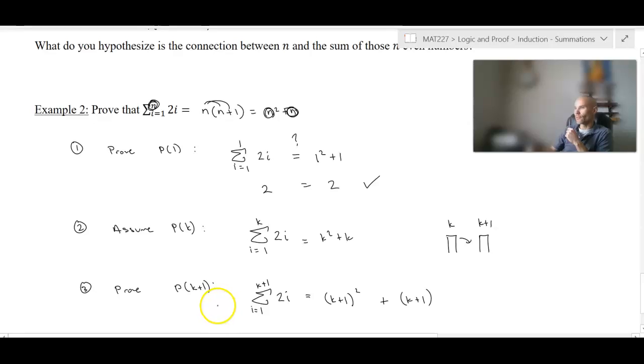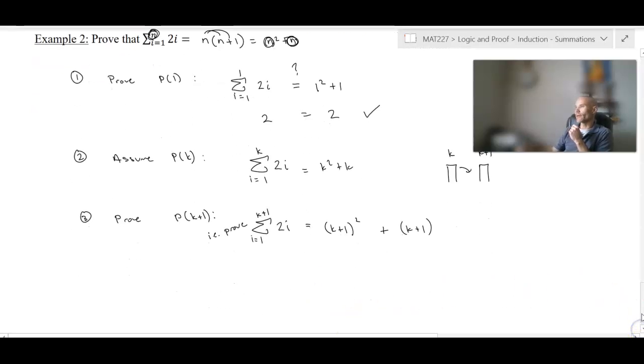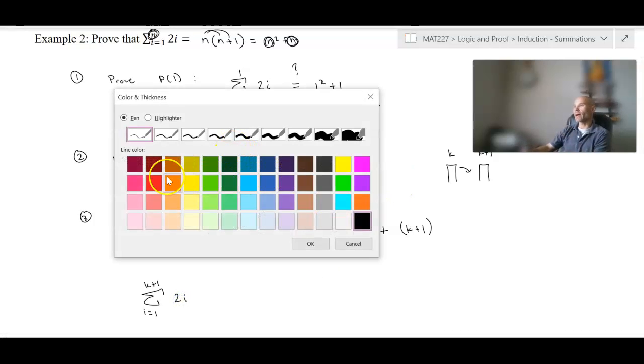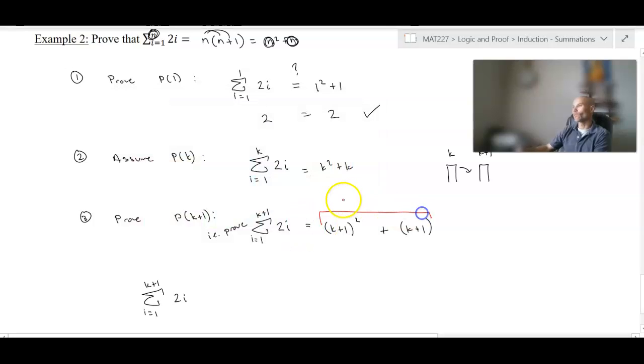Okay, so that's what we need to prove. We don't know that it's true yet, but we want to see whether or not it is. Do we end up getting k plus 1 squared plus k plus 1? Well, one way to do this is to set up the sum and see if it agrees with what we expect. This is what we expect to get if P of k plus 1 is true.